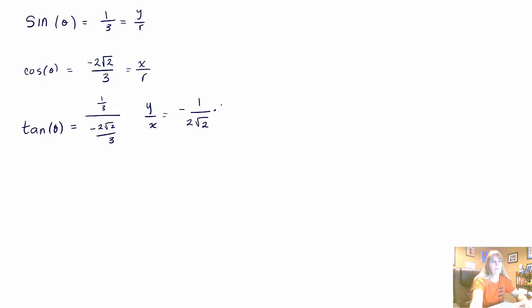I'm going to multiply top and bottom by the square root of 2, just rationalizing the denominator. So I end up with negative square root of 2 over 4, right? Because that becomes 2, and then multiplied by that 2.